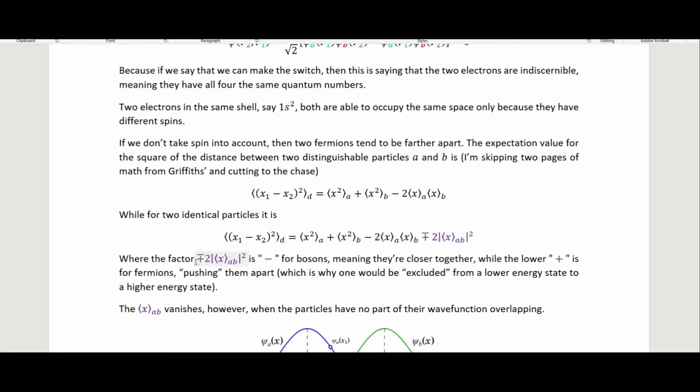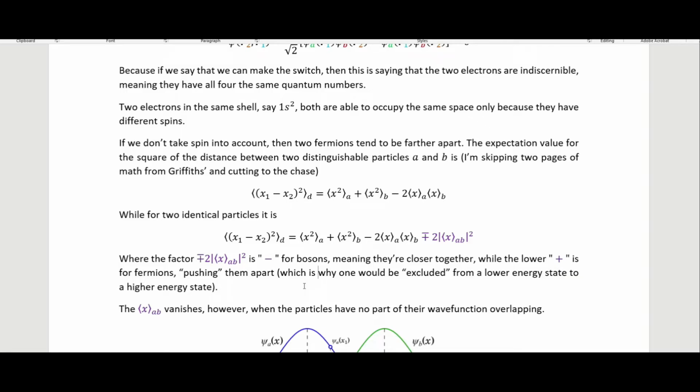And so for this factor, the minus is for bosons, meaning they're closer together because we're subtracting some distance off of it, while plus is for fermions, which is adding some distance between them. And so that's sort of pushing them apart.